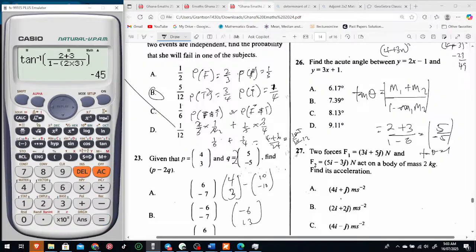I'm not getting it. So it's 1 plus the product of the gradients. 1 plus rather. Yeah.